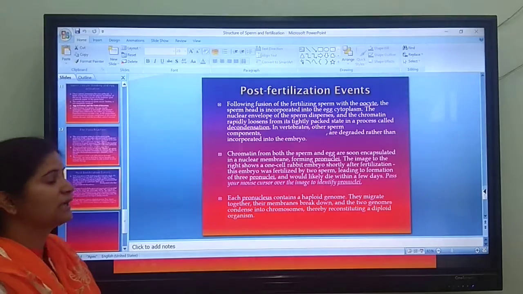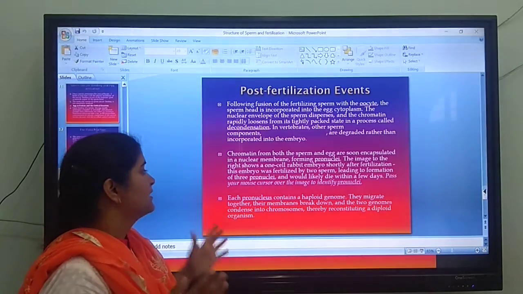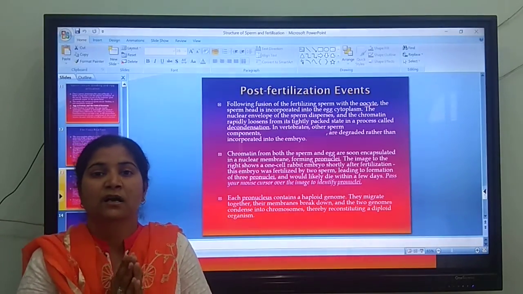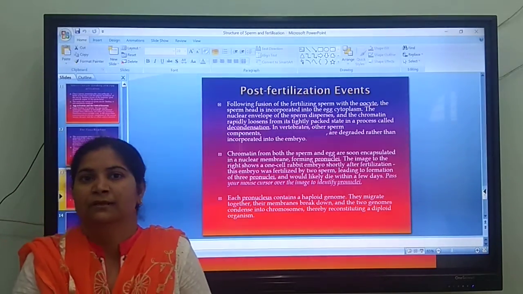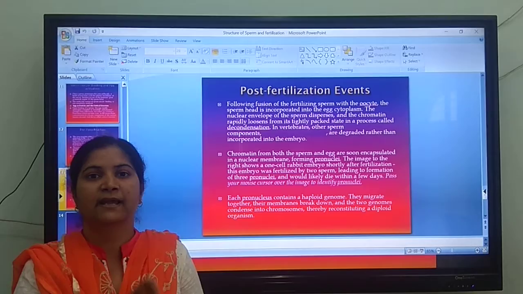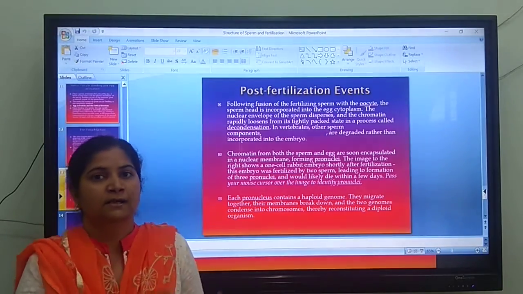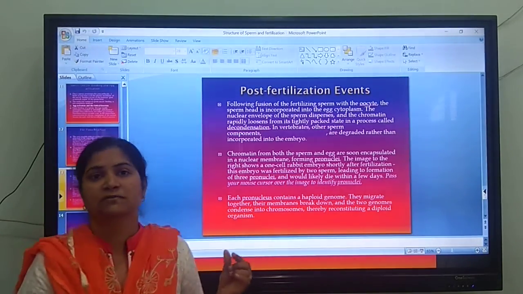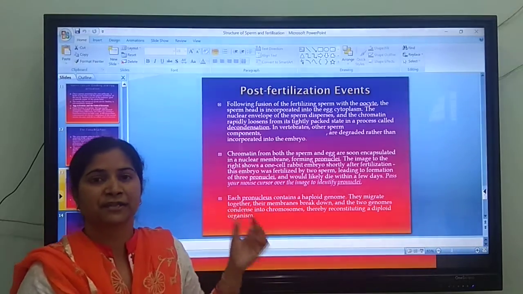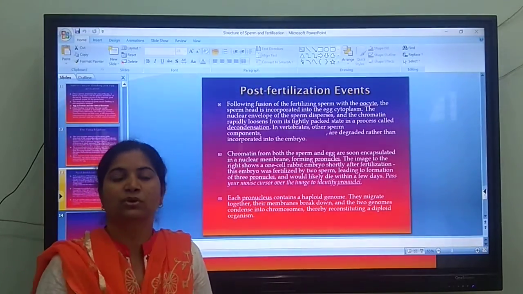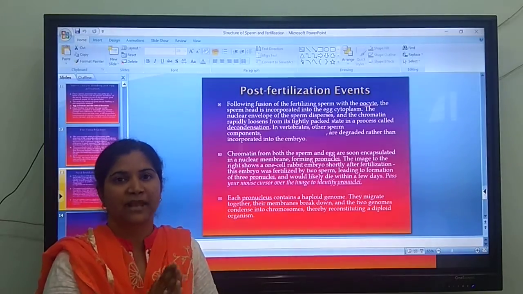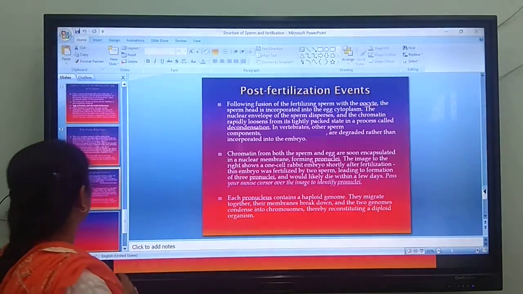Both arrange together as a single diploid nucleus, and the centrioles of the sperm arrange the chromatin material at the equatorial plane, at the same position.